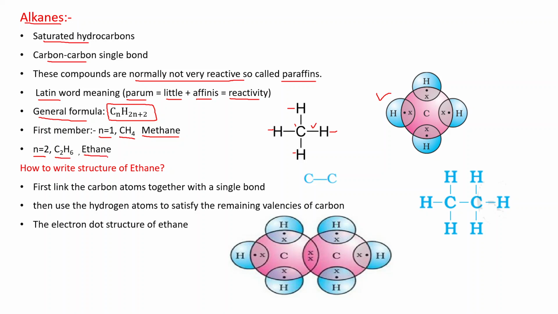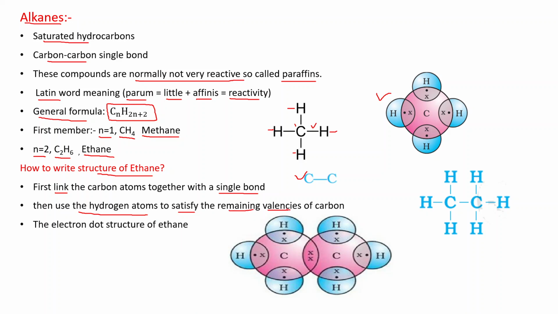Now if n is equal to 2, then we will get the formula of the next member, that is C2H6, and this is called ethane. Then how can we write the structure of ethane? First, link the carbon atoms together with a single bond like this. Then use the hydrogen atoms to satisfy the remaining valencies of carbon.